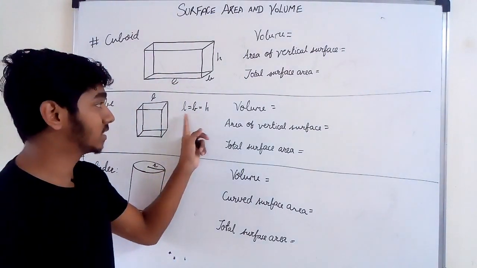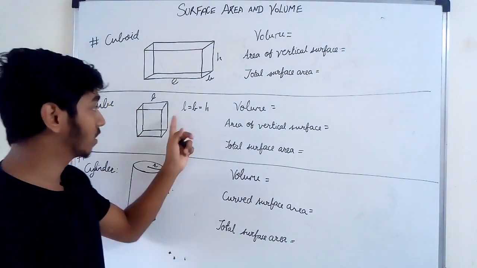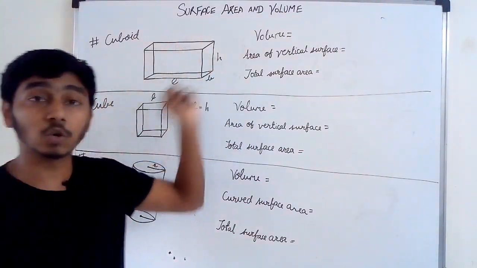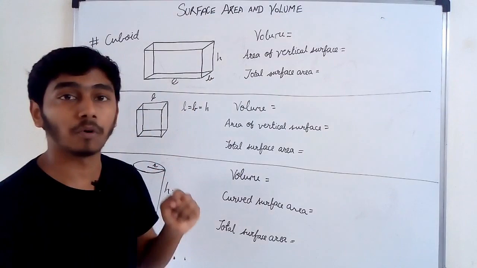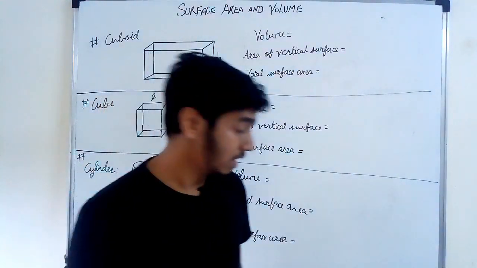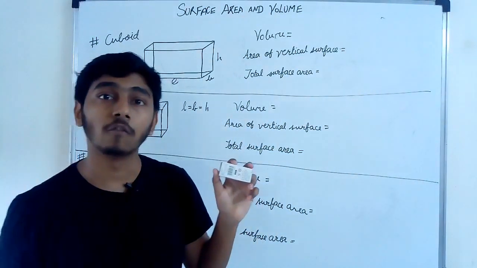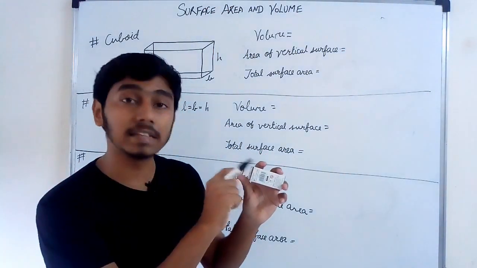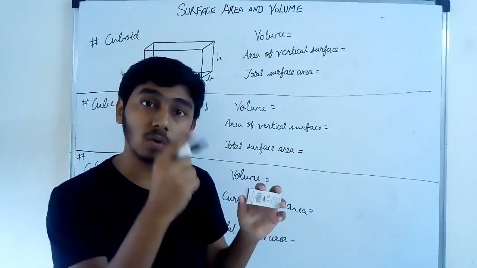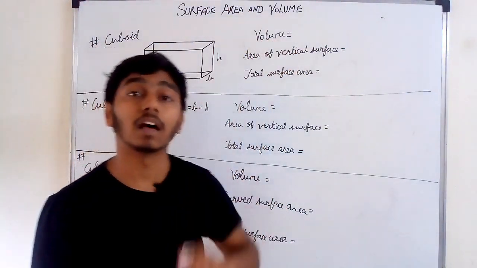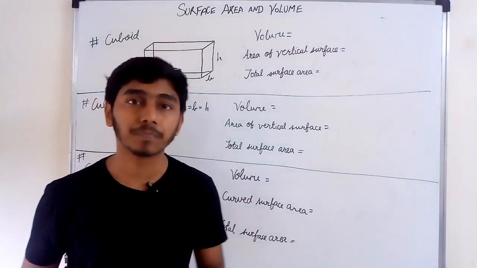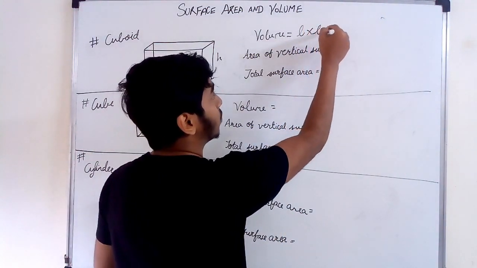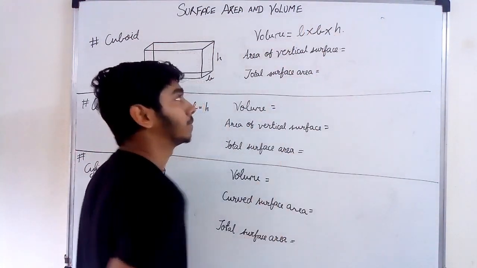Now, volume of a cuboid: volume means how much quantity will be filled inside this box. That quantity is represented by the term volume, and it is given by length into breadth into height.